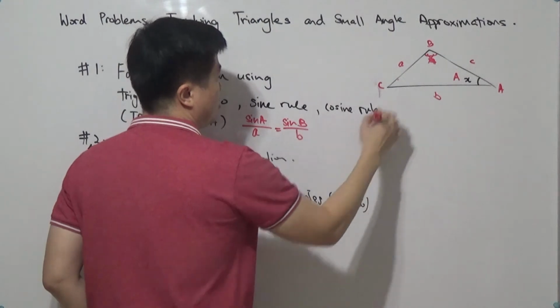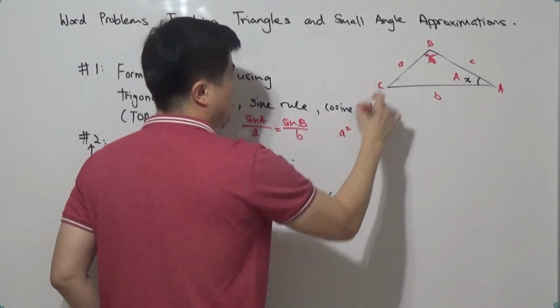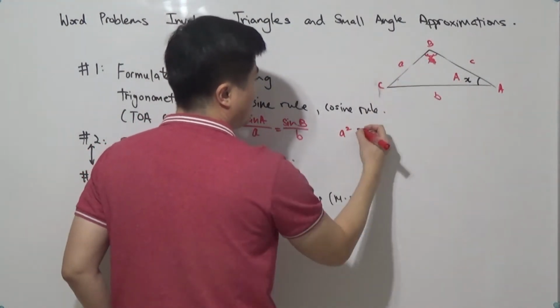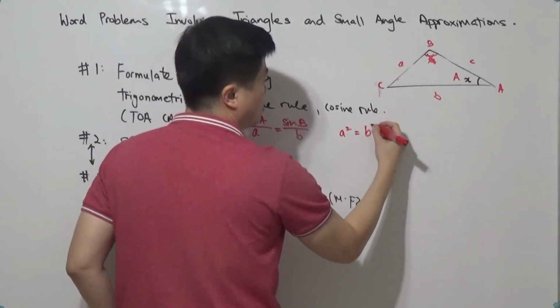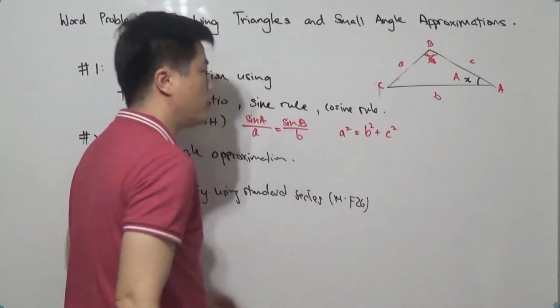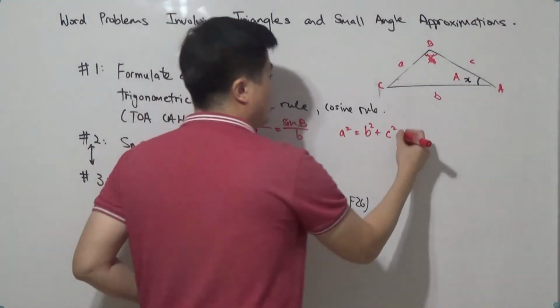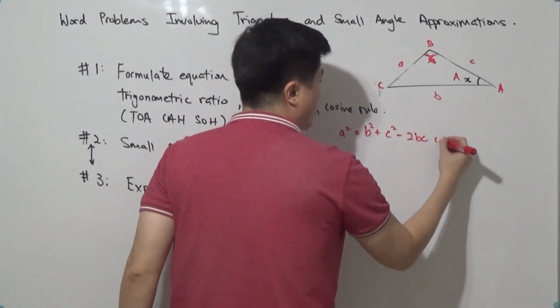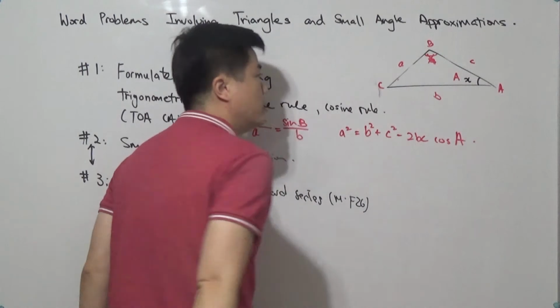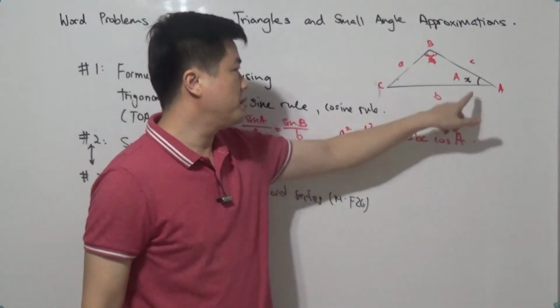So here we have a squared, which is BC, must be equal to b squared plus c squared minus 2bc cos A, where A would be the x over here.